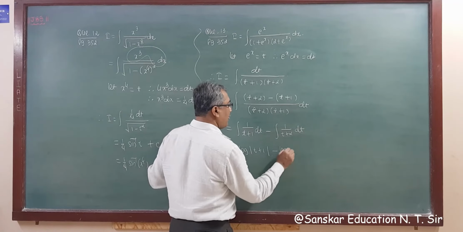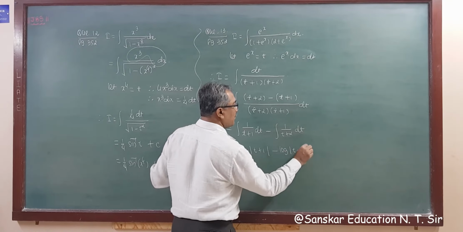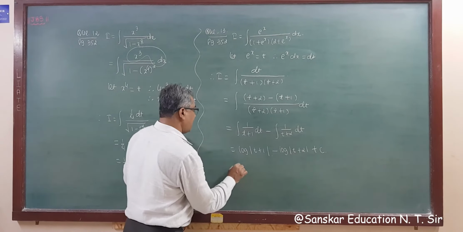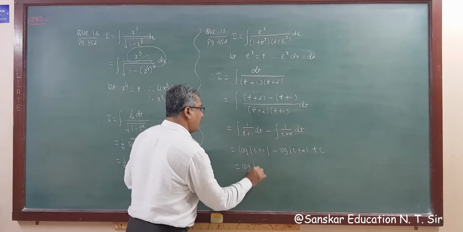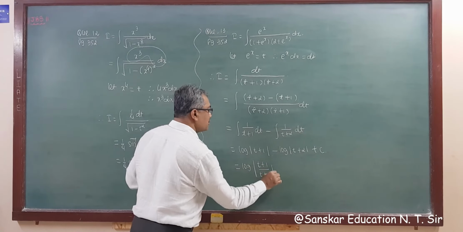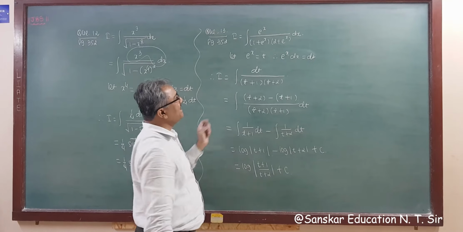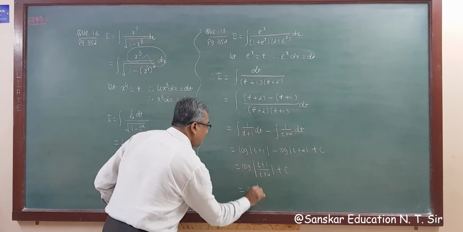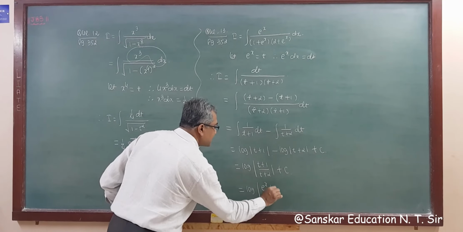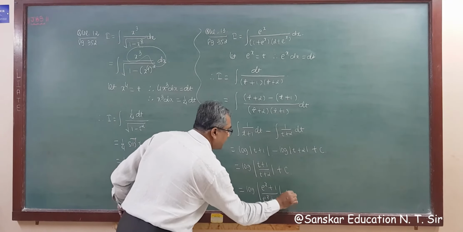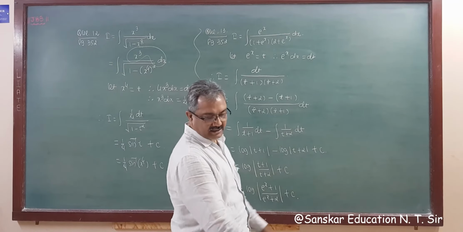Minus log mod t plus 2 plus c. Now log a minus log b is log a upon b. So log of t plus 1 upon t plus 2 plus c. And what is t? t is e raised to x. So the answer will be log of e raised to x plus 1 whole upon e raised to x plus 2 plus c. This is your answer, right?